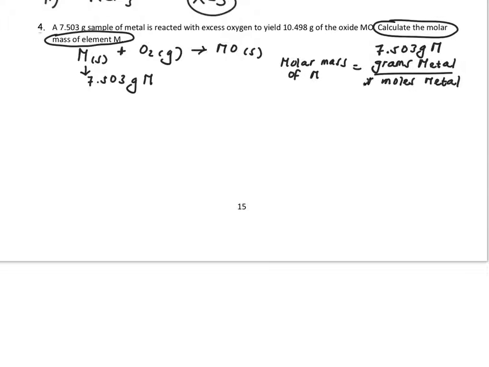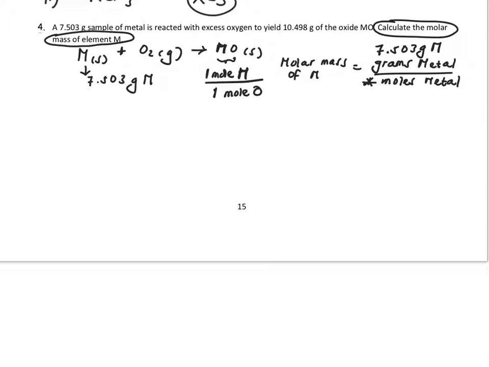What we need to find is the moles of the metal. In order to find the moles of the metal, we're going to have to find the moles of oxygen. And we know according to this formula, it's a 1-to-1 mole ratio. You have 1 mole of M for every 1 mole of O.